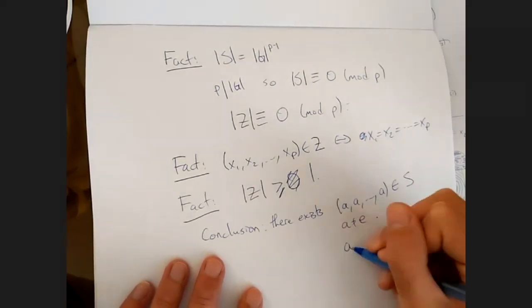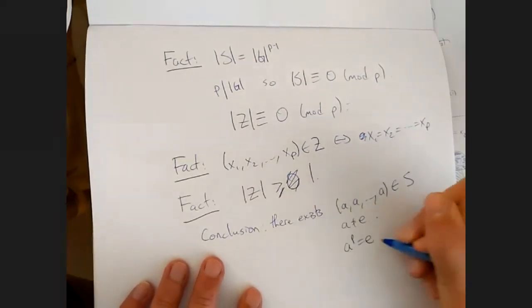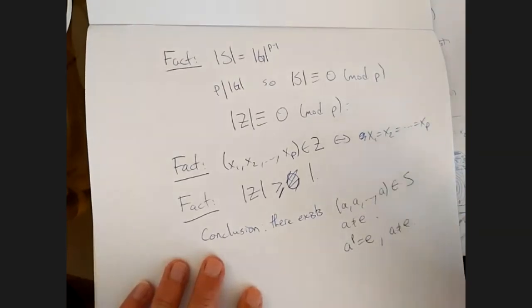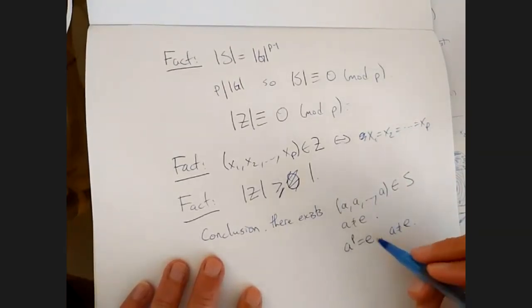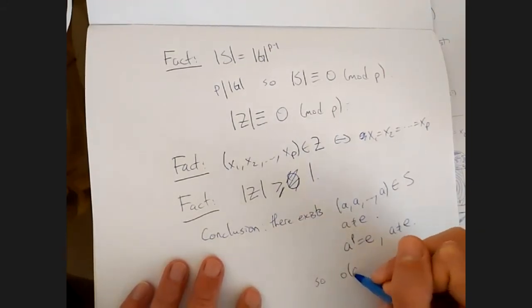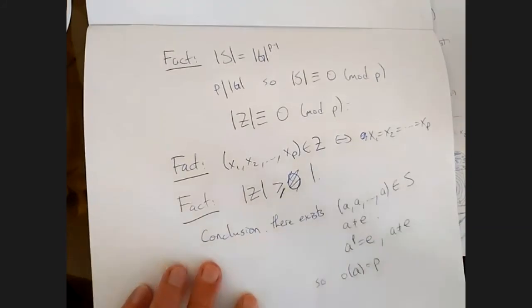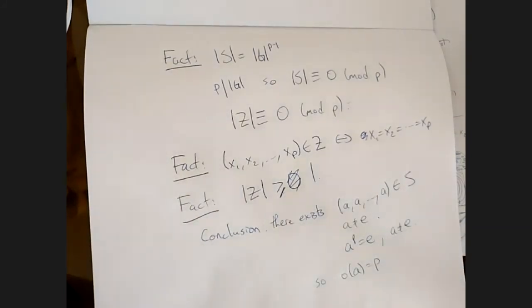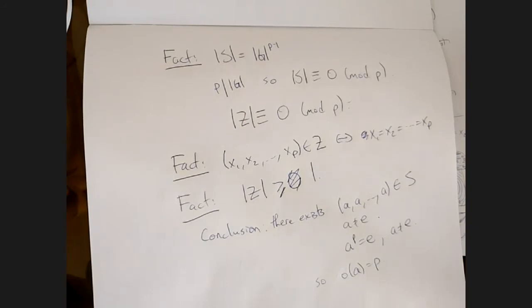So this means that a to the p is the identity, but a is not equal to the identity. In other words, the order of a is exactly p. We'll see, the details are in the notes and also to be worked out in an assignment question.